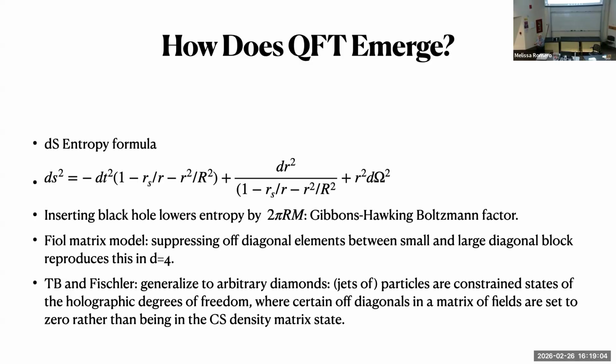Now what happens when I turn on RS a little bit? Well, if you know anything about cubic polynomials, those two positive zeros start to approach each other. Okay? And so that means that the big radius of de Sitter space shrinks as I put a black hole into de Sitter space.